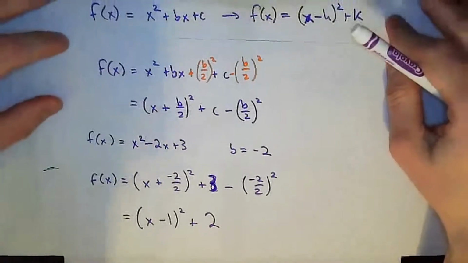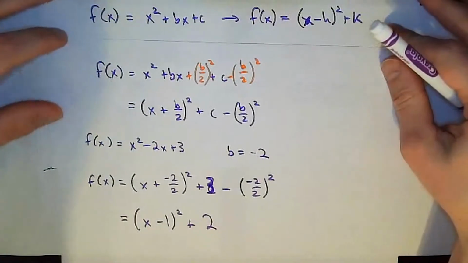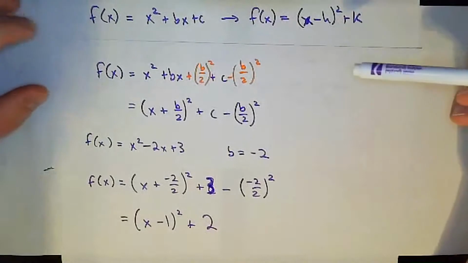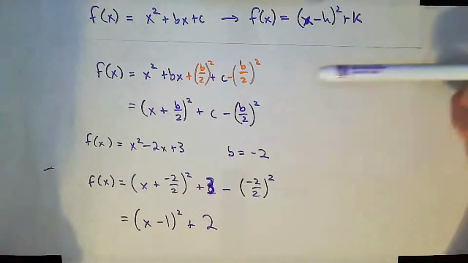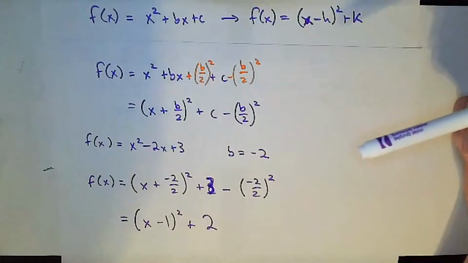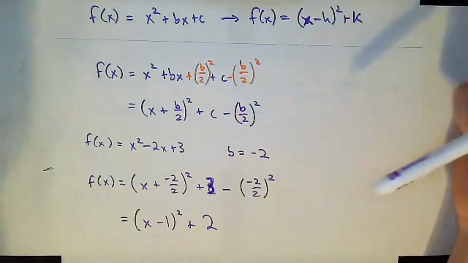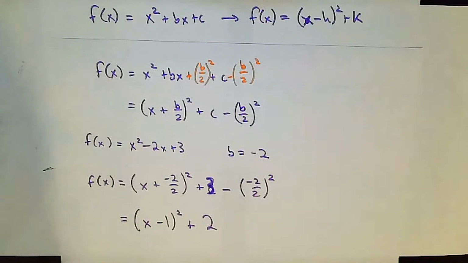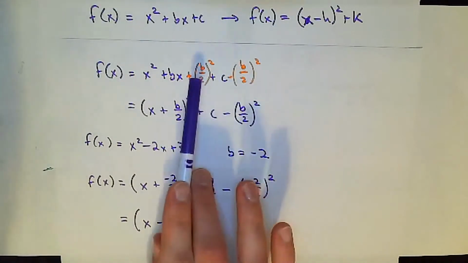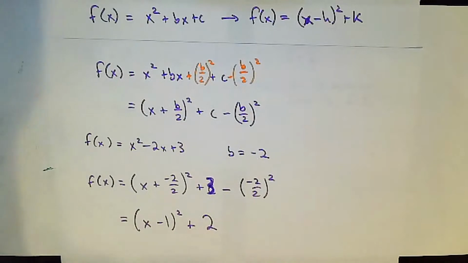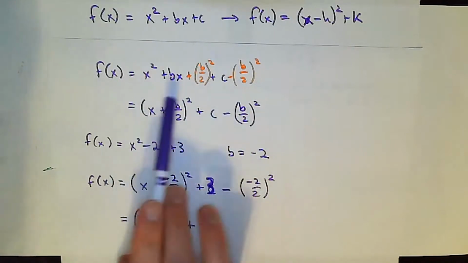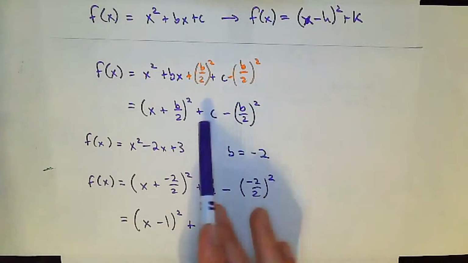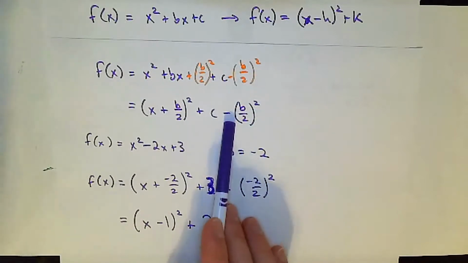Now, maybe you think this process is more difficult than just crunching the numbers and figuring out what should be added and what should be subtracted. But traditionally, the way this is taught is to add and subtract something like this to the function, then factor this part into a perfect square trinomial, and then deal with whatever arithmetic is back here.